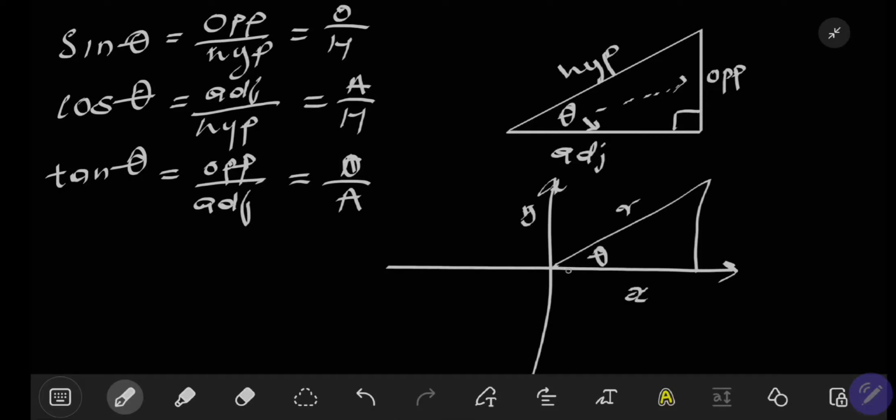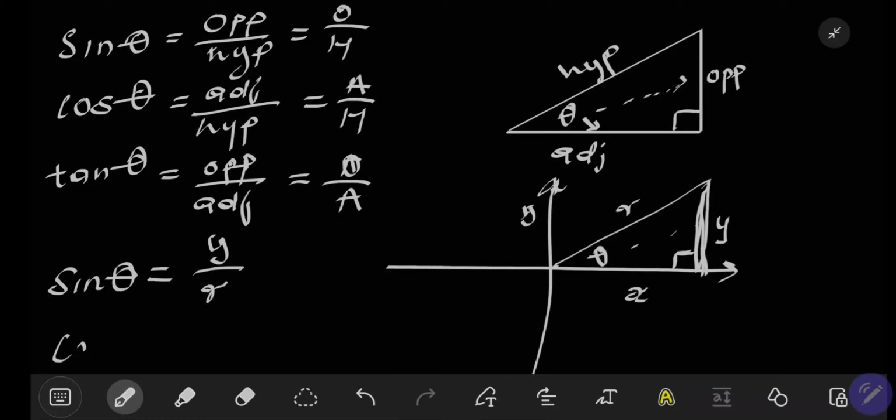In this case, we can define sine theta. This is a 90-degree angle, so this is our y, because this is parallel to the y-axis. We define this as opposite over hypotenuse. The opposite side here is y over our hypotenuse side, r.